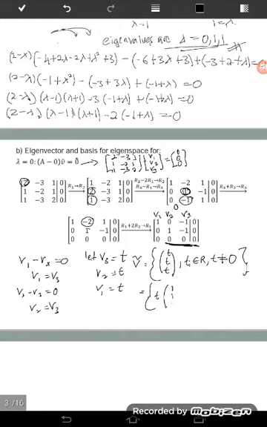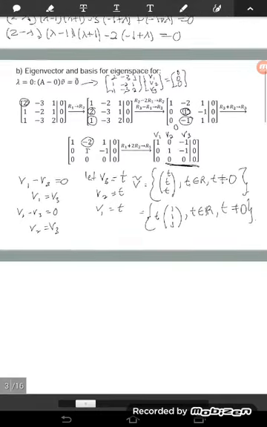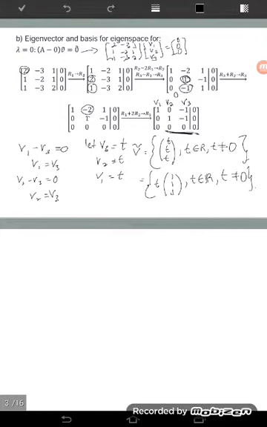So 1 1 1. Okay. So such that t element in a real number and t cannot equal to 0. Okay, so after we have the eigenvector, so we find the basis for the eigenspace.